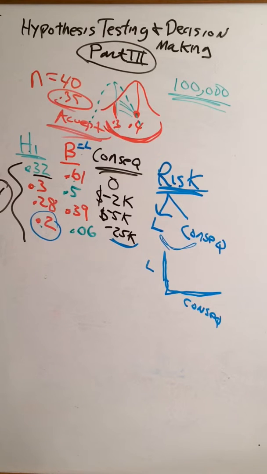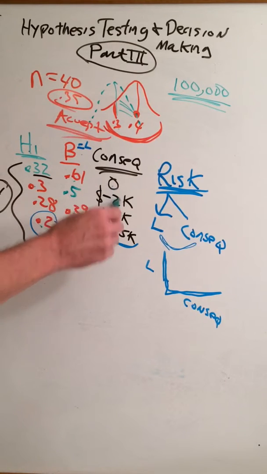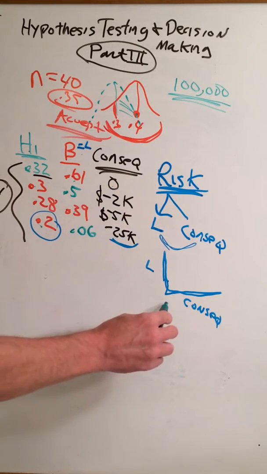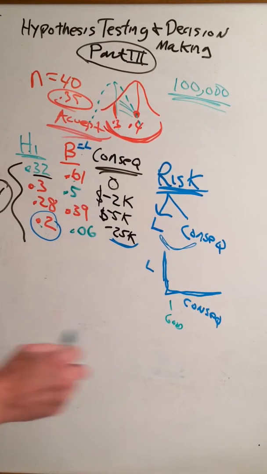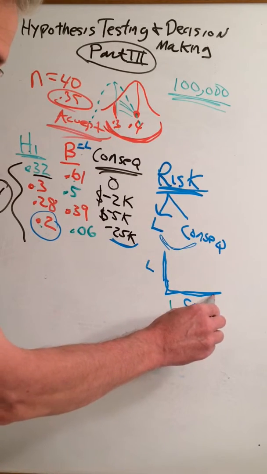Again, a lot of this is decision maker preferences. So in this case, let's put a value on these numbers, 1 through 5, with 1 being good and 5 being bad for consequence.